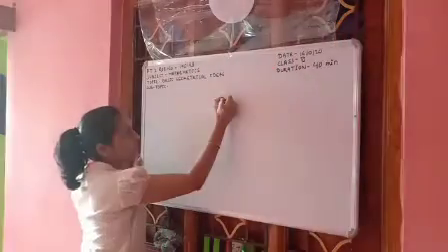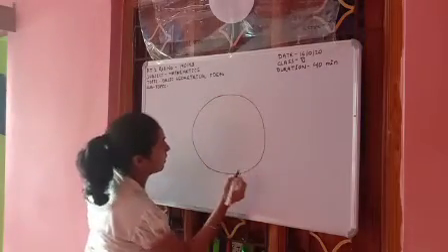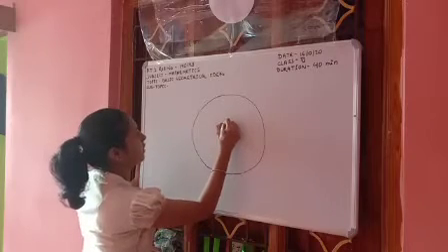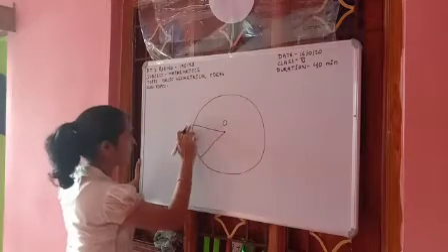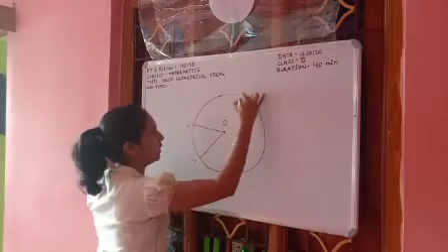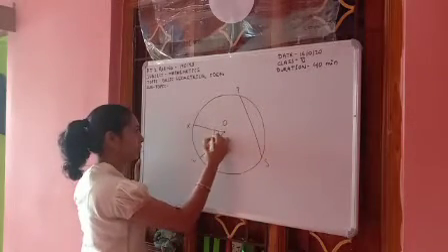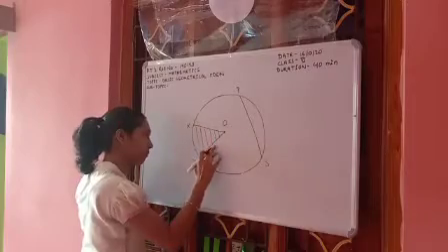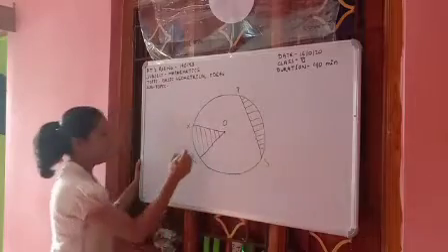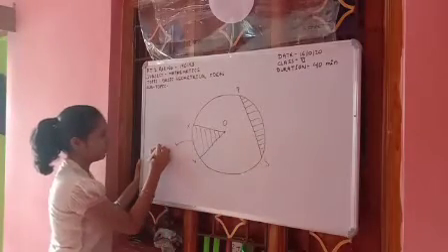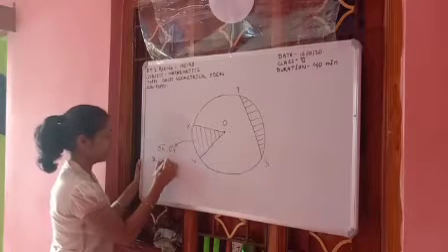Look at the board. The activity was like this. This is a circle with center O, and here is a part of the circle X, Y, and here is another part P, S. This is made up of OX, OY, and XY.